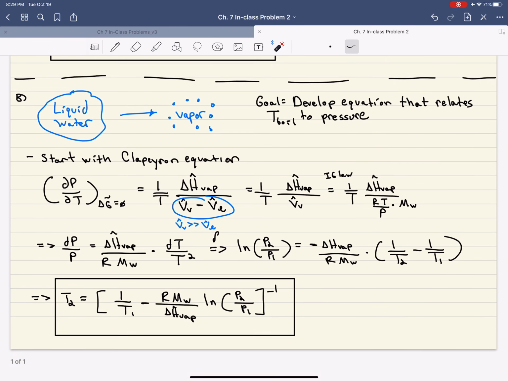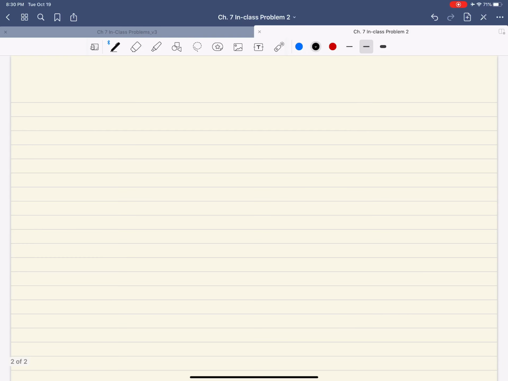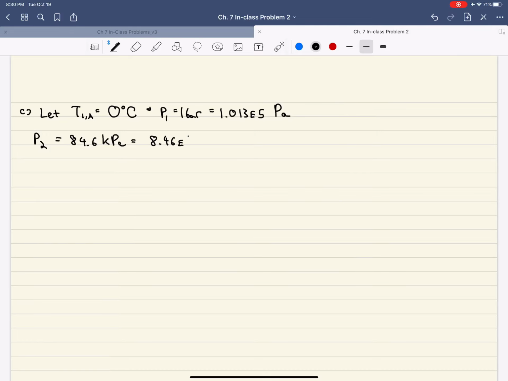So for part C, we'll first let T1, what I'll call A, equal 0 degrees Celsius, and P1 equal 1 bar, which is equal to 1.013 e to the 5th Pascal. And for pressure 2, that's going to be equal to 84.6 kilopascal, or 8.46 e to the 4th Pascal.